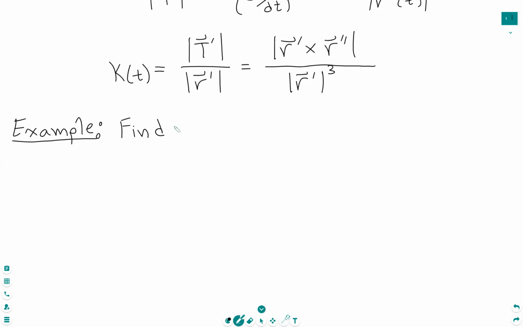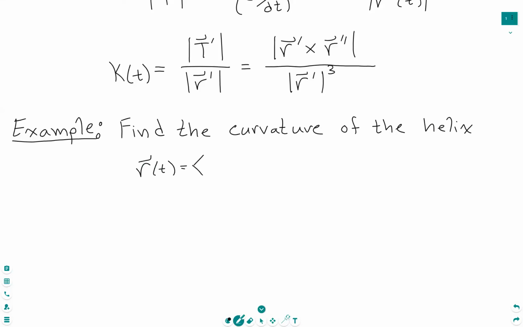Okay, let's do an example. We're going to find the curvature of the helix r of t equals a cosine t, a sine t, b t.